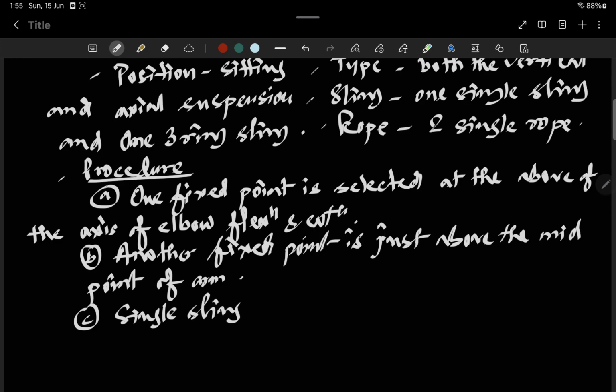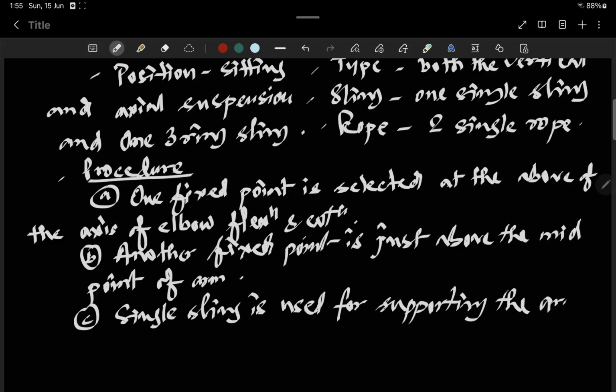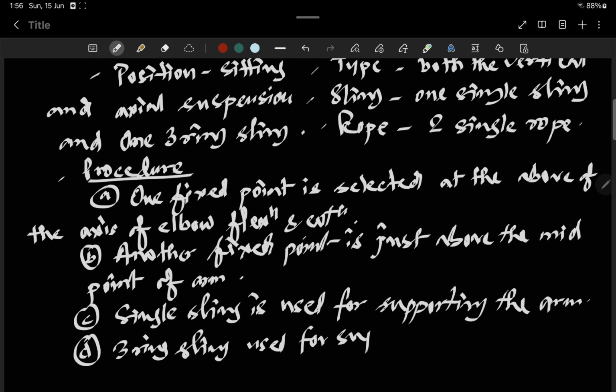Single sling is used for supporting the arm. Three ring sling is used for supporting the wrist.